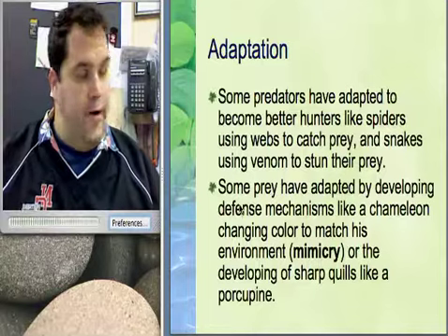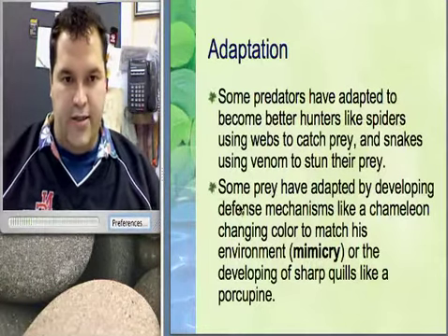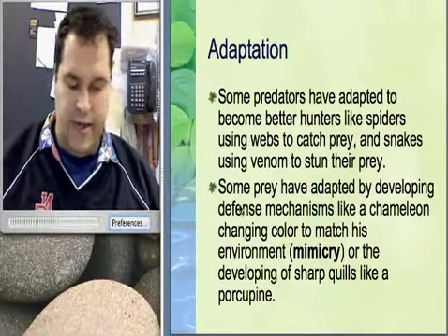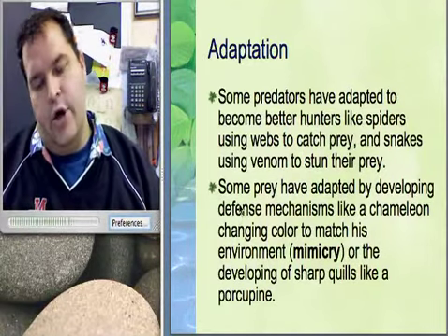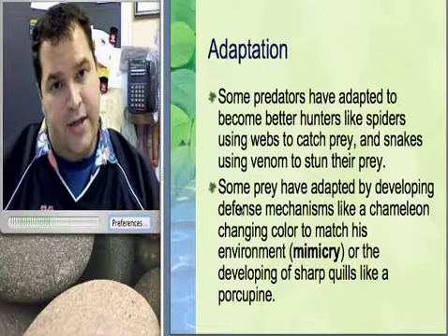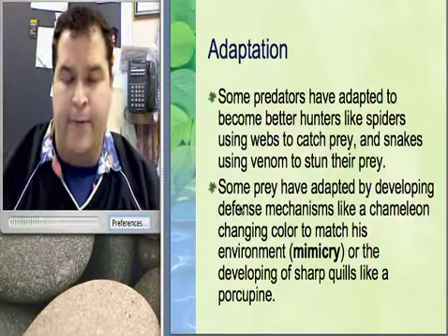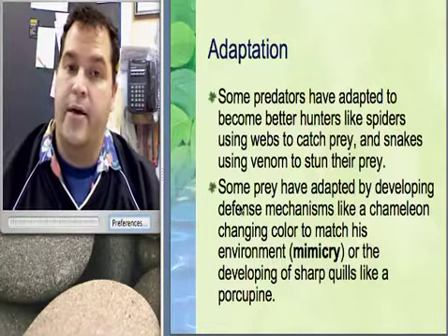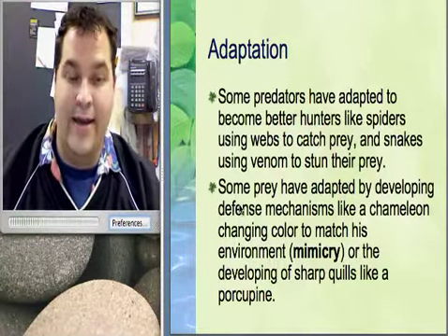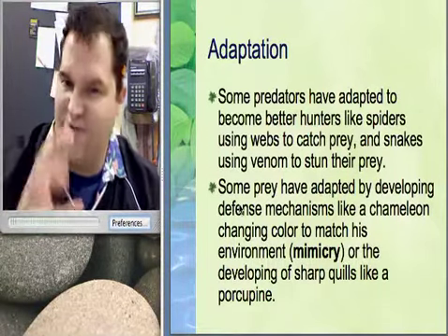Now, some predators have adapted because they want to be more efficient, right? It's sometimes hard to go out and hunt and kill and eat your food. So making it easier is an advantage. For example, spiders have adapted to form webs that trap their prey. That way the spider can come along and get it instead of having to go out and physically find the organism.